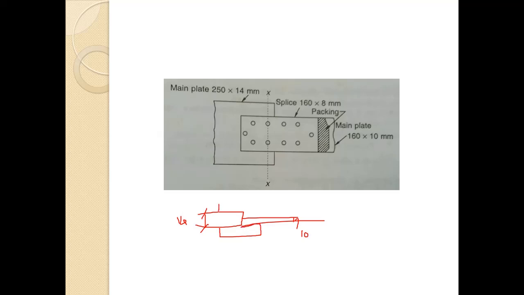This is one plate and this is another plate, because we are providing on both sides. So here packing is needed. We need a packing that is of 4 mm. It should be of 4 mm.